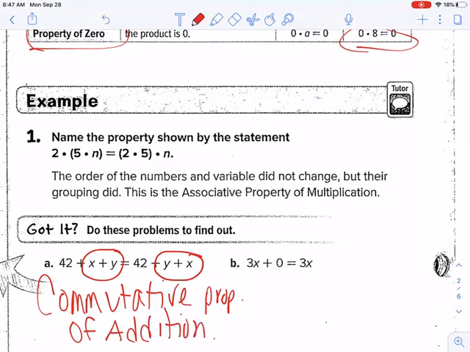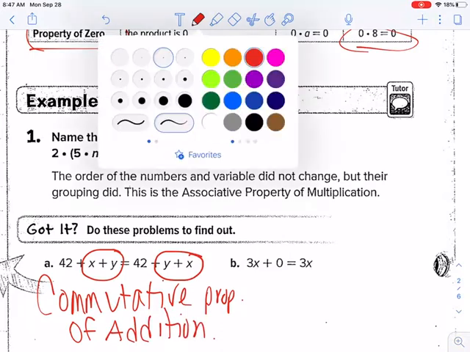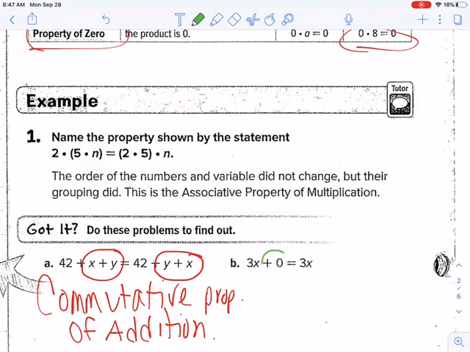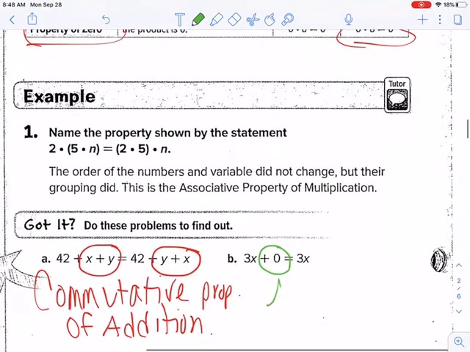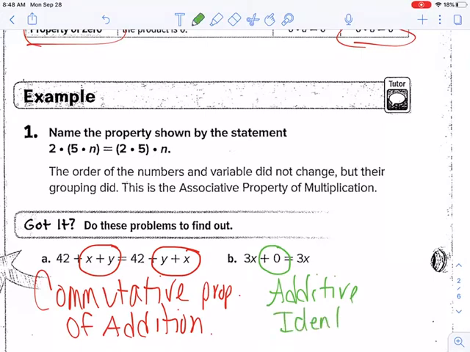You would get the same sum, they're just flip-flopped. And then B, notice we're adding a 0, and it stays 3x. So that was one of the ones in our chart up here. That's the additive identity. If we add 0 to a number, it stays the same.